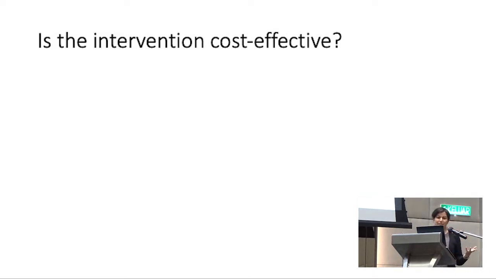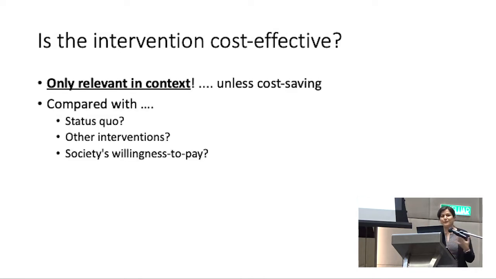Unless it's cost saving, right? If you have an intervention that you're implementing and it costs less to implement the intervention than the healthcare savings that you're going to get as a result of implementing the intervention, then you can say it's cost saving. But you really never want to describe an intervention as cost effective unless you're comparing it with something else. So are you comparing it with status quo?